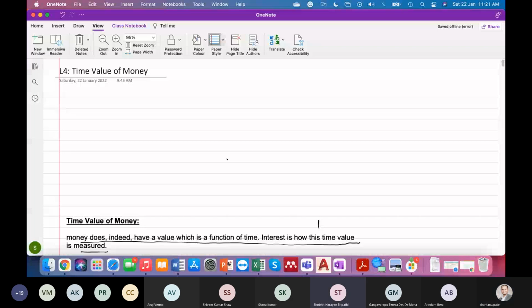Sir, your screen is fixed for a frame. Sorry? Sir, your screen is fixed. It is frozen and it cannot move. Oh, is it not moving? So can you see this time value of money written here? Yes, sir. Only that part and the definition, the blank space, whatever you are writing, we cannot see.